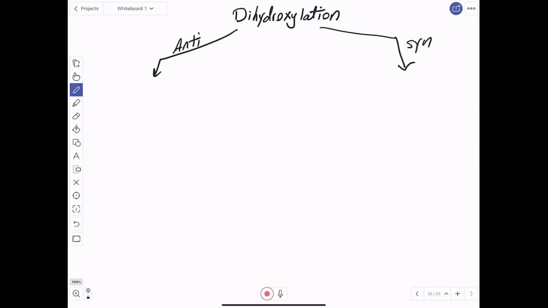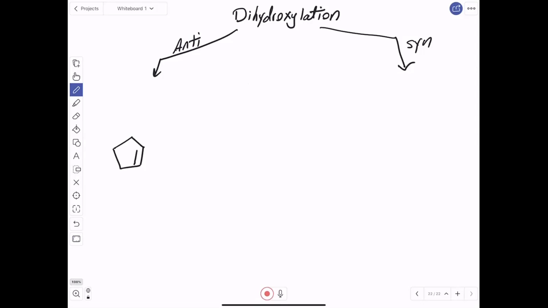What does anti-dihydroxylation mean? Both OH groups attack to opposite sides. In the final product, the hydroxyl groups will add to opposite sides. In syn dihydroxylation, the hydroxyl groups will add to the same side of the double bond.